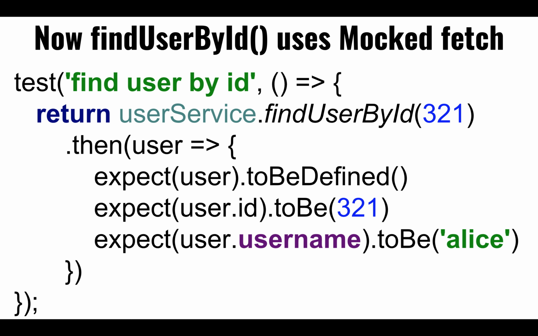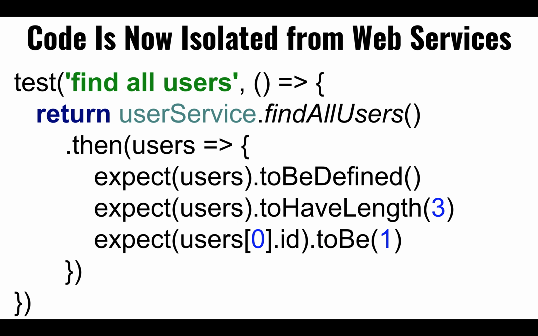Now I can test my user service because we have overwritten the implementation of fetch. Same thing with all users. We can check to see that the users object comes back, is defined, that it's an array, that it has a length of 3, and that the first element's ID is 1. Alice's ID is 1.